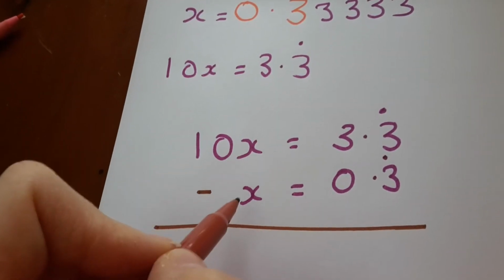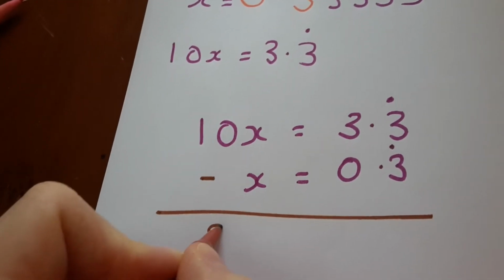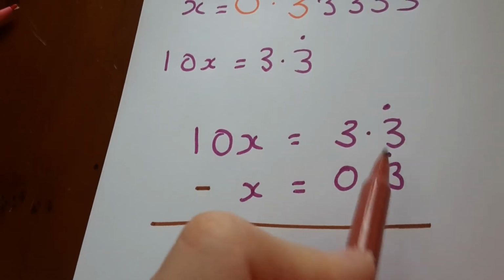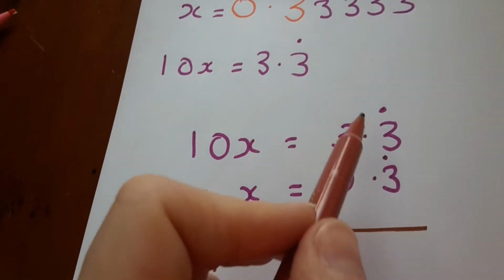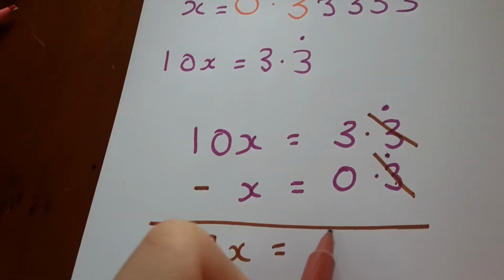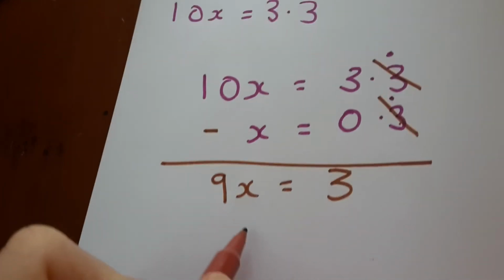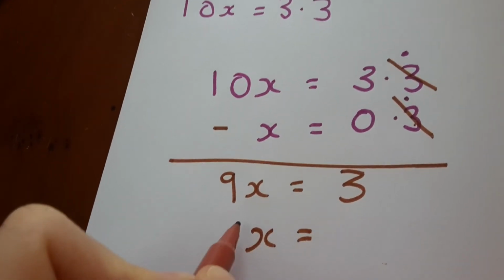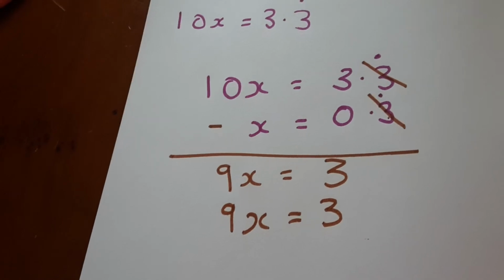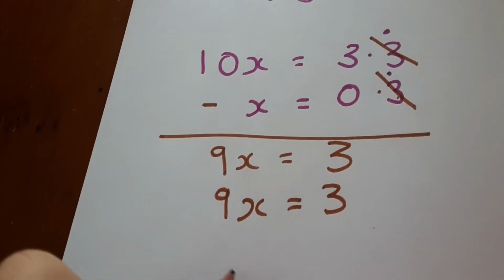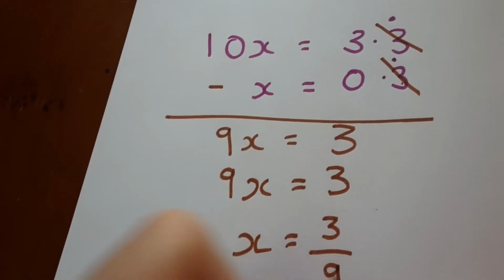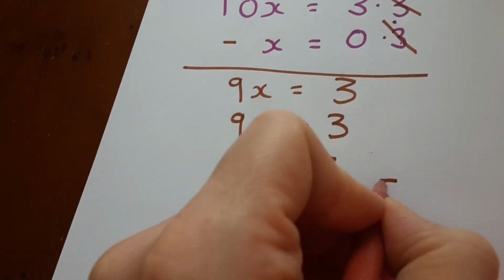So 10x minus 1x is going to be 9x, and 3.3 recurring minus 0.3 recurring, well, these two will cancel each other out, and I'm just left with 3. So now I know that 9x is worth 3. To get x by itself, I just need to divide 3 by 9, and now simplify.